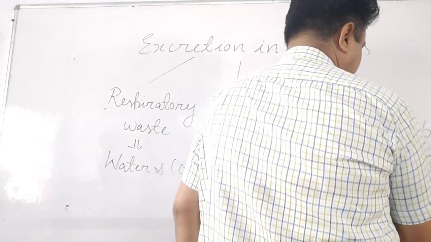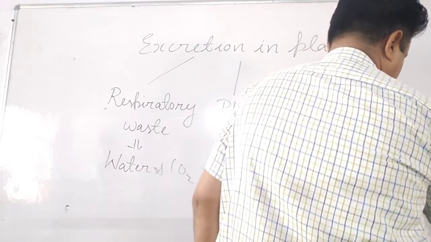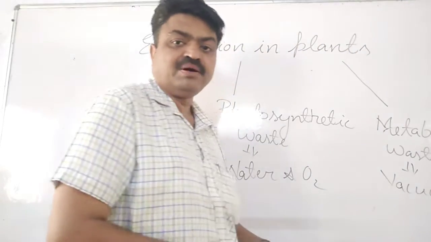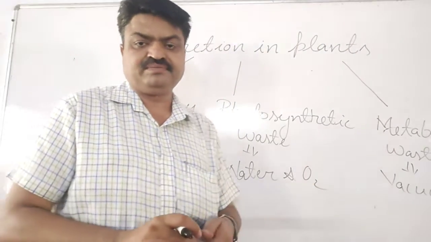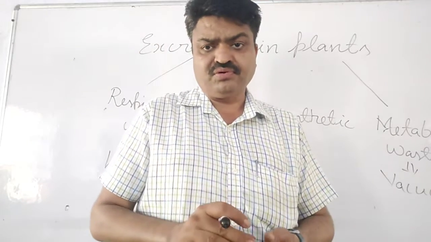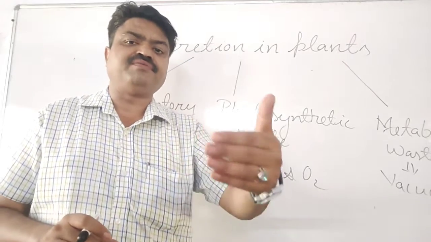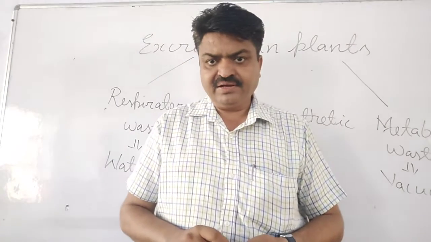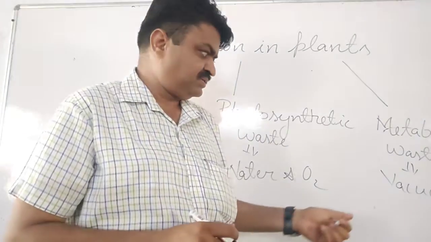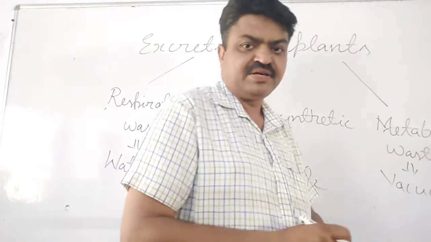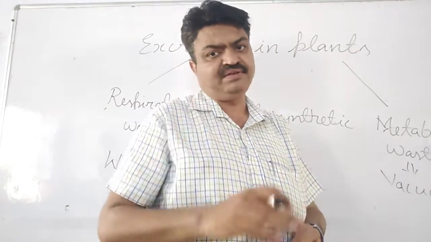They are stored in vacuoles. Vacuoles of the plant cell, they are stored, and those stored metabolic wastes are removed by different processes. Like some plants, or most of the plants we can say, they shed their leaves.